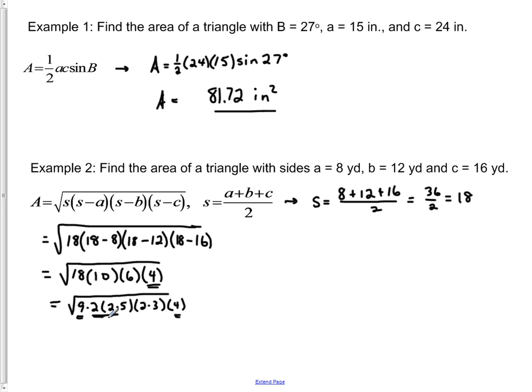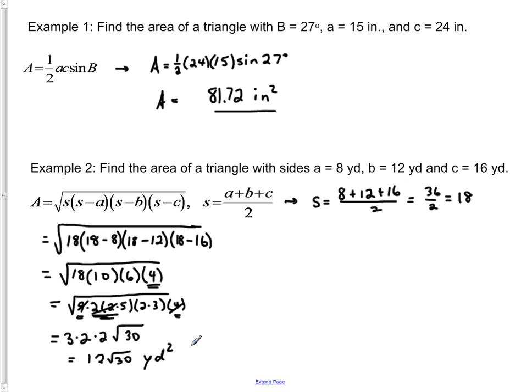And then we have a pair of 2's right here. That's another 4. So this will be equal to 3, the square root of 9, times 2, the square root of 4, times 2, the square root of 4, times 2 times 5 times 3, that's square root of 30, which would be the same thing as saying 3 times 2 times 2, that's 12, times the square root of 30 square yards.